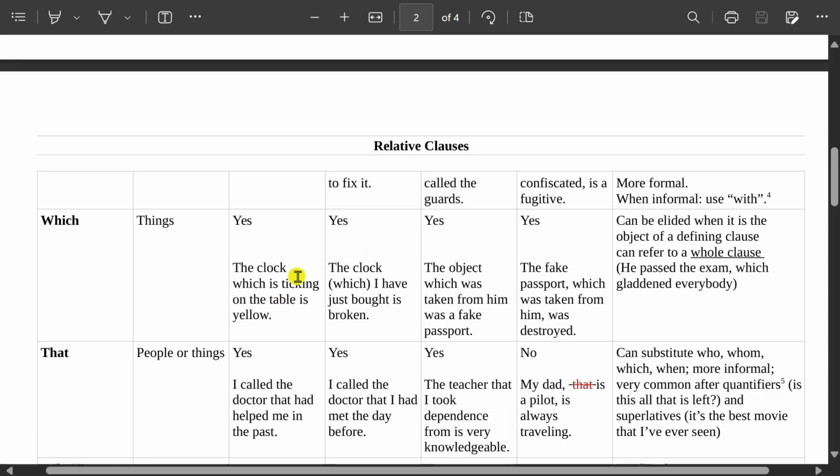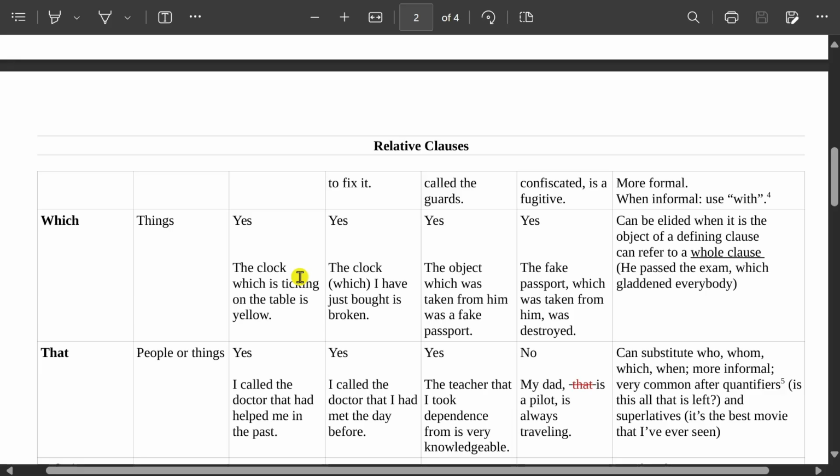Then we discussed two things, right? One is whether it could be subject of the relative clause or object or complement. Which person? This is the interrogative which. This is the relative which, two whiches. It's the same word, but it performs two functions. So if you're asking the question, like, which one do you want?